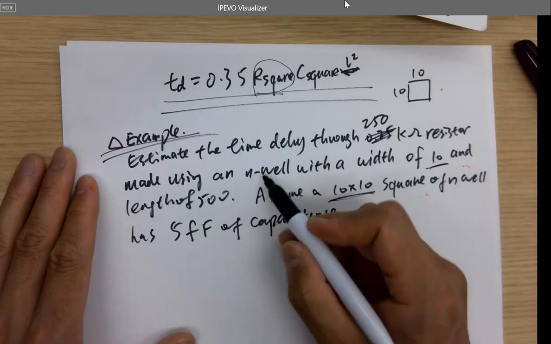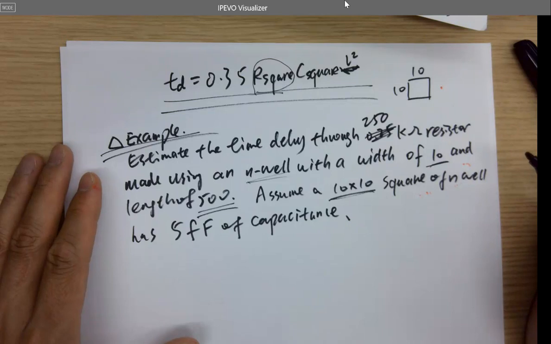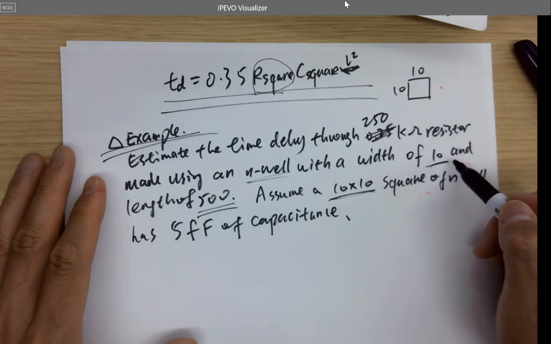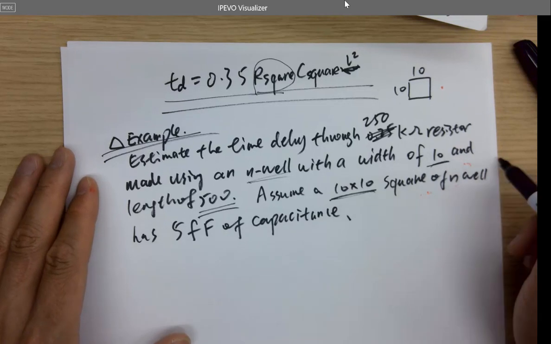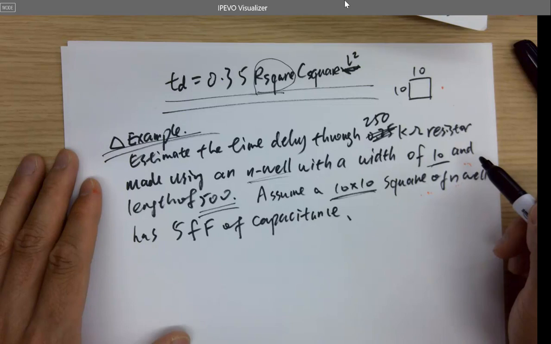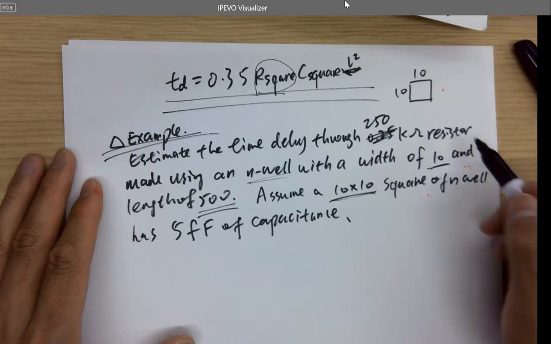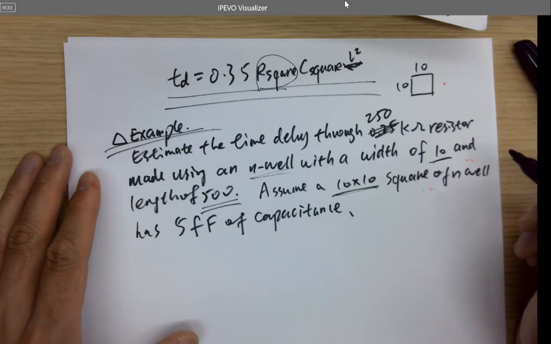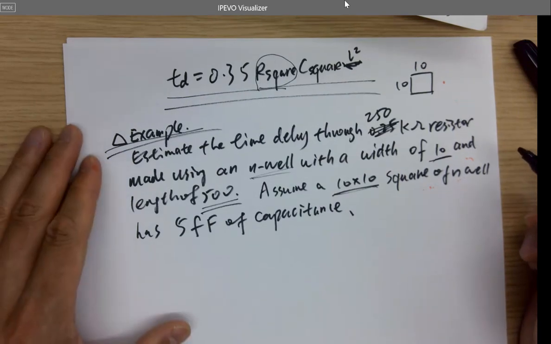And also the n-well resistor is 10 by 500, which means it's probably trying to let you use 10 as a width. So what's the dimension of one square of the n-well? 10 by 10. So how many squares do you have for this resistor? 50.